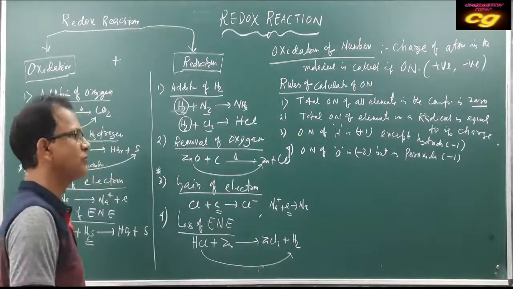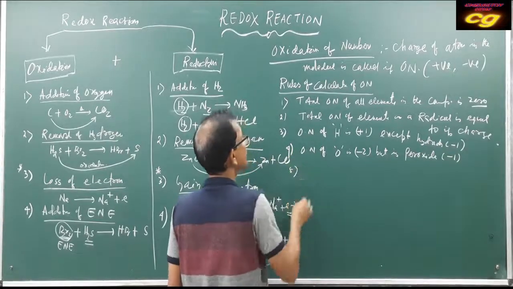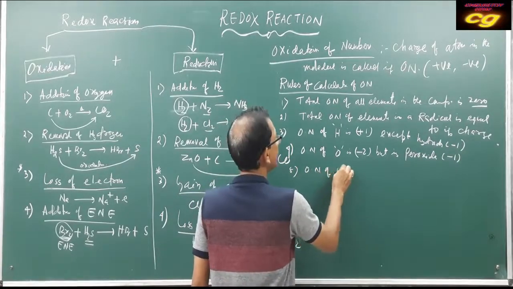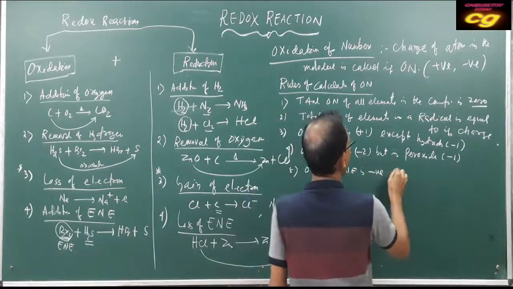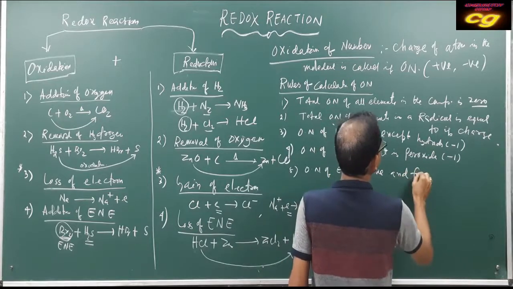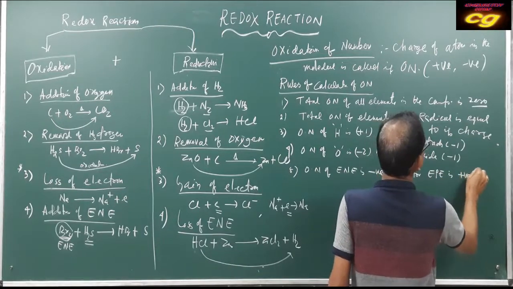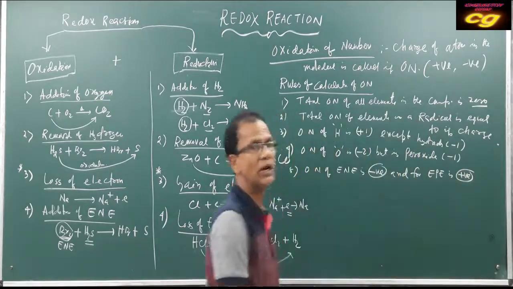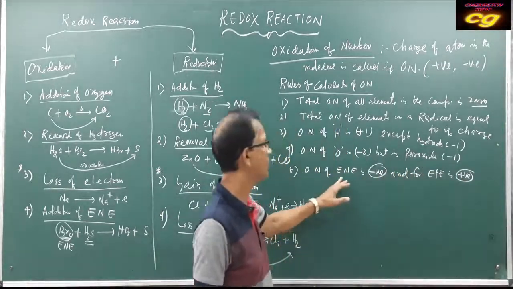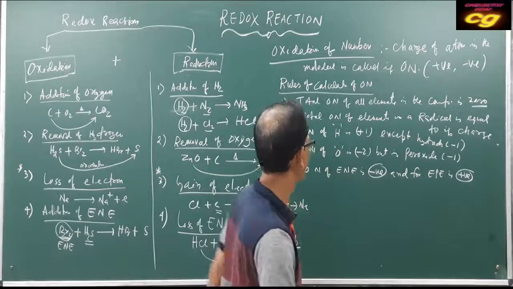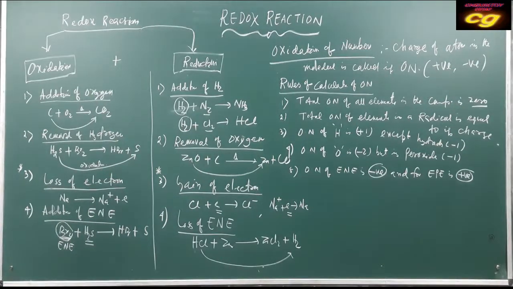Oxidation number of oxygen is -2, but in peroxide it is -1. Oxidation number of an electronegative element is negative, and for an electropositive element it is positive. This is very important. For example, for a metal it will be a positive sign, and for a non-metal it is a negative sign. So these are some important rules for oxidation number calculation.